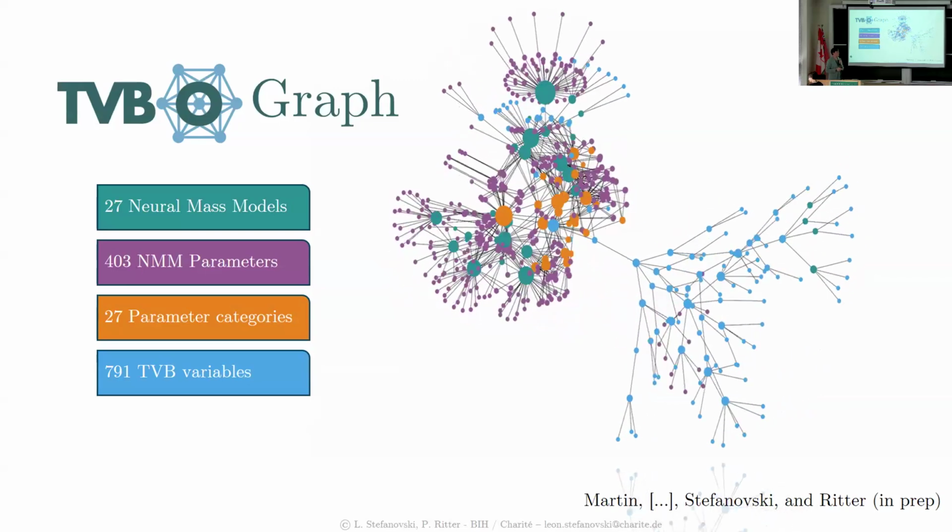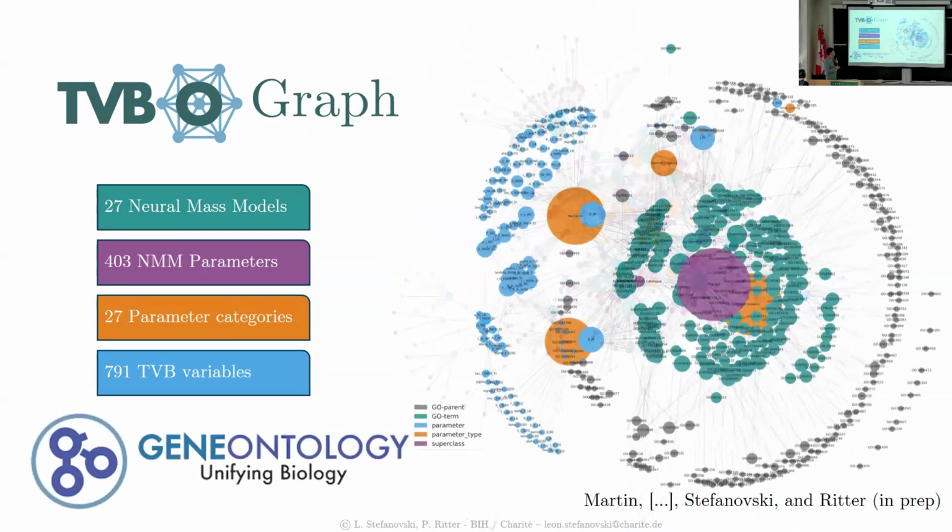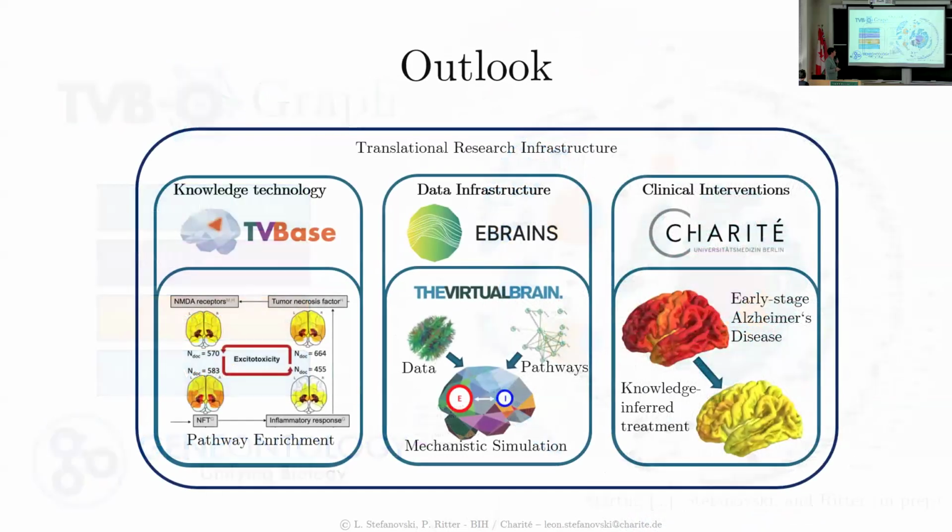And this ontology is also linked to biological processes from the GO pathways that I showed before, and therefore can be used in future to justify mechanistic simulations a bit better by referring to an ontological framework.